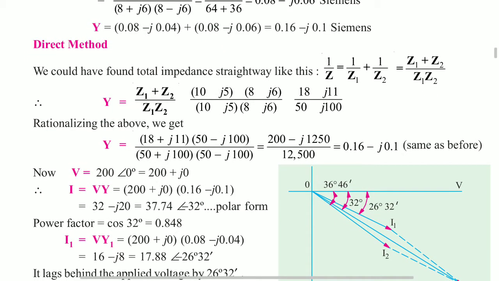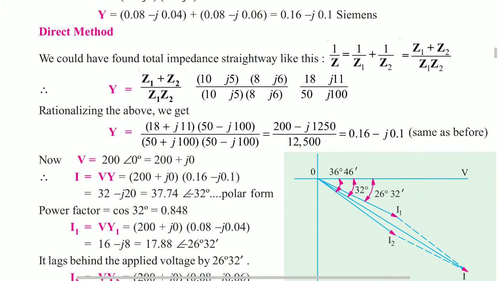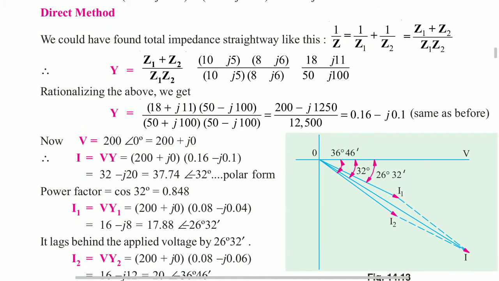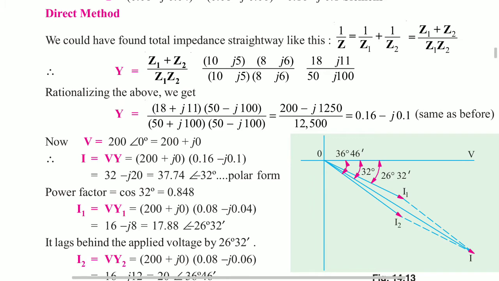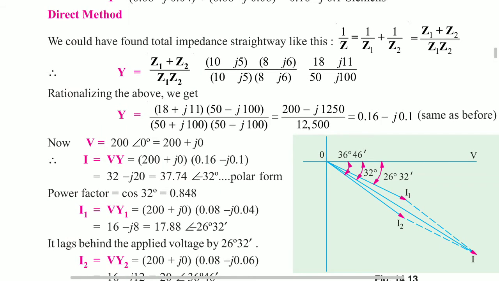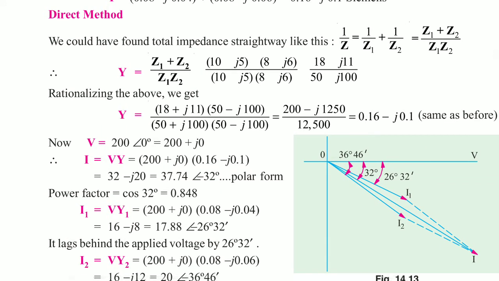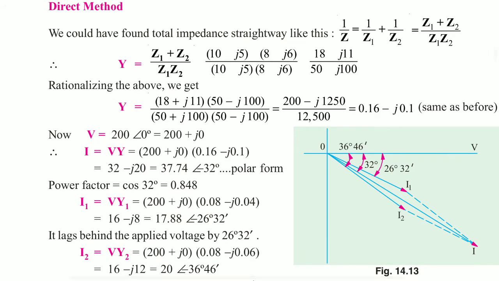So V is equal to 200 angle of 0 degrees, that is nothing but 200 plus j0. So I is equal to the total current, which is equal to V into Y. That is equal to (200 plus j0) into (0.16 minus j0.1).